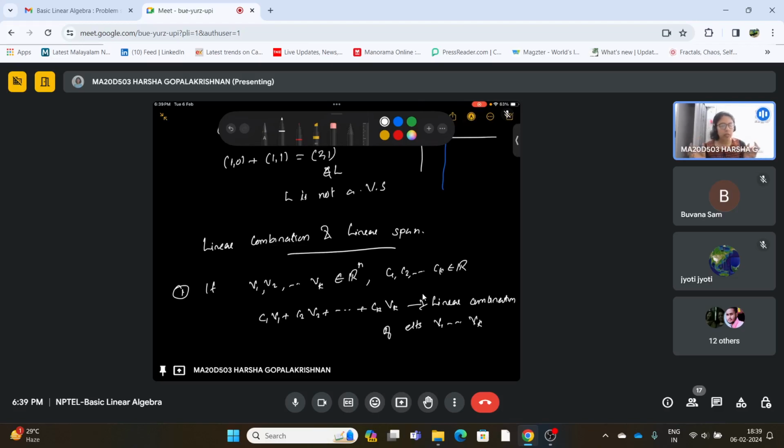Linear combination means just multiply each element with some scalar and add.